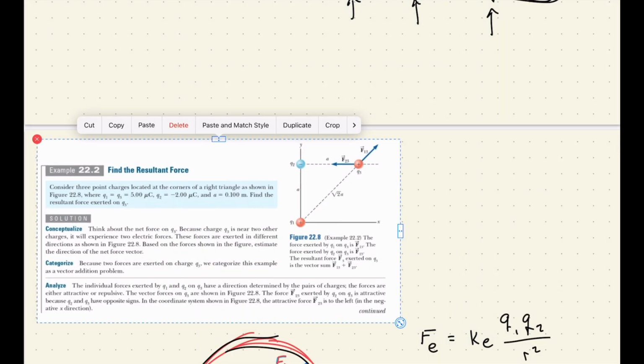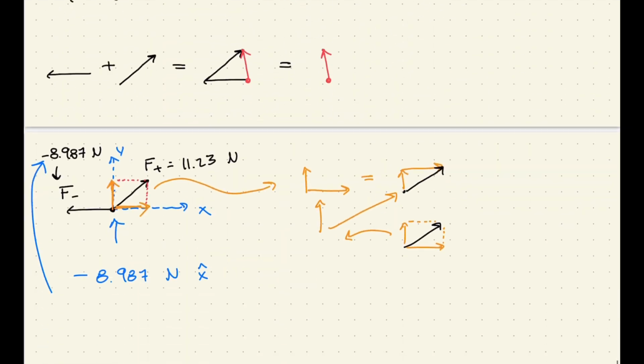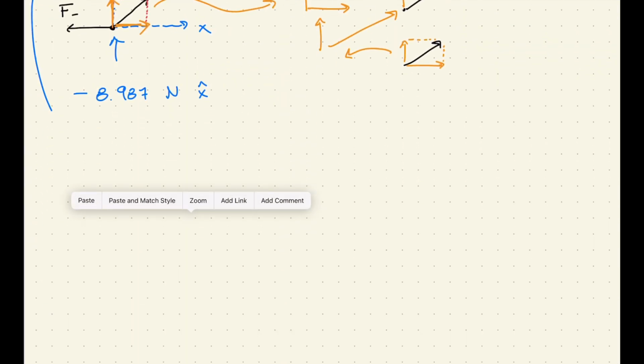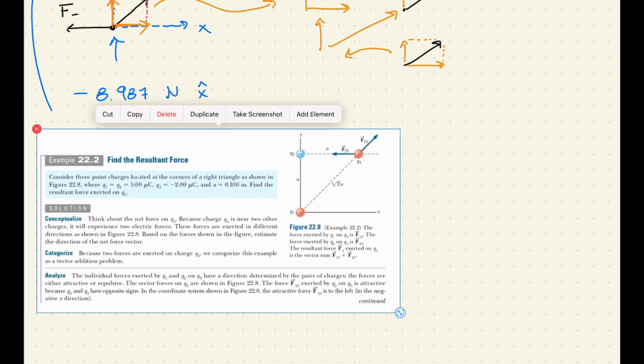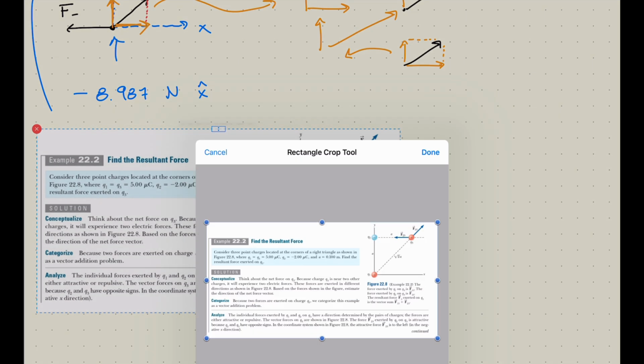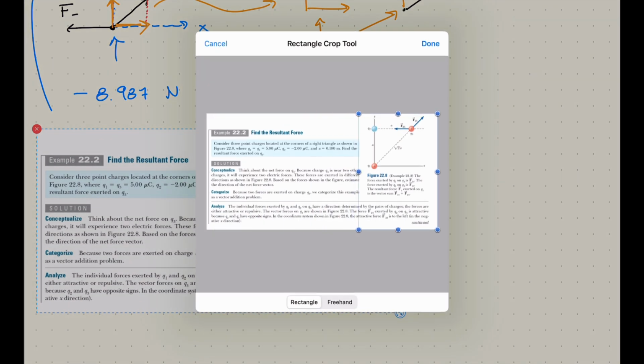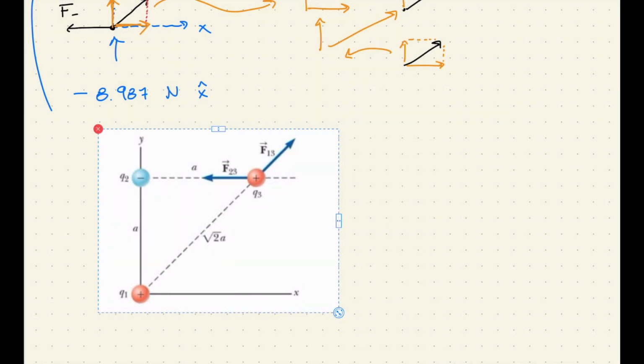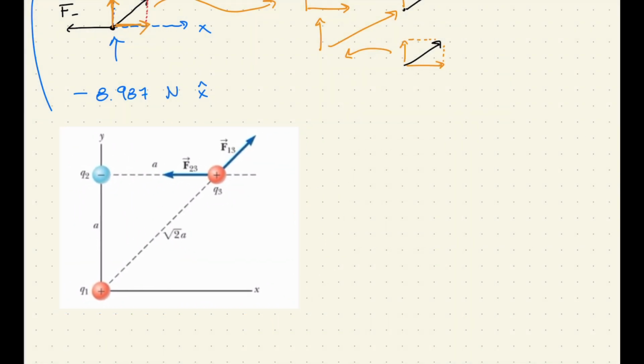Okay, let's copy, paste. How do I crop this bad boy? Crop. We're going to crop this just to look at the picture, right? I'm thinking with you guys here.